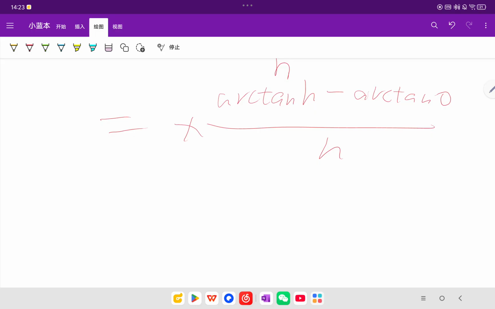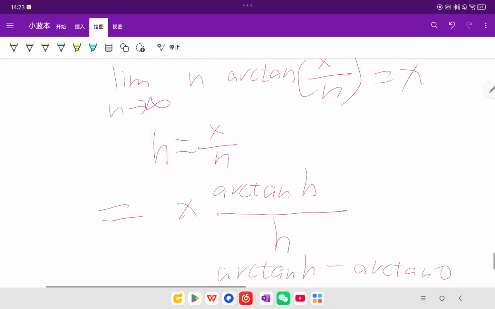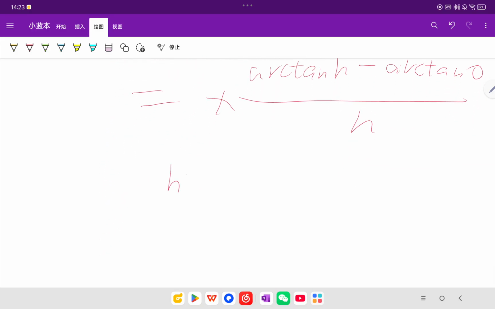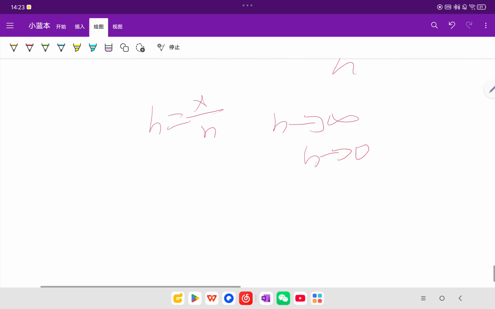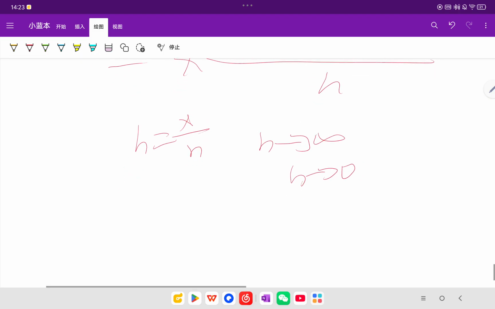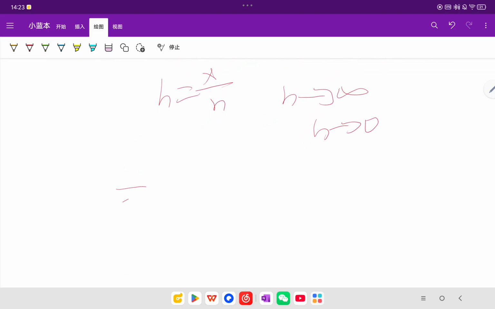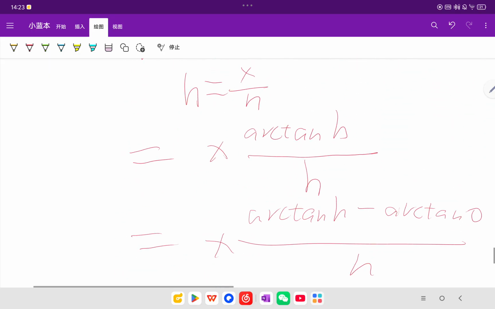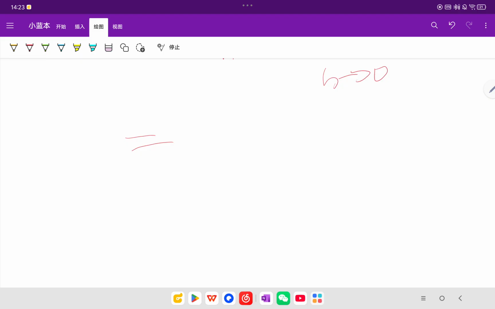So we let h tend to 0, which, since h equals x divided by n, when n tends to infinity, h just tends to 0. So let n tend to infinity. Now h tends to 0, and the expression above the limit equals x times the derivative of arctan at 0.